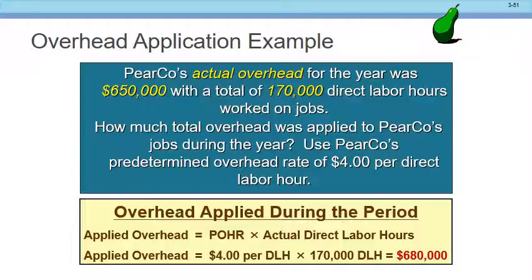And so they're telling me if I have my manufacturing overhead, and they tell me that the actual was what? 650?